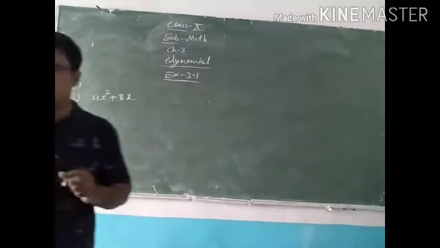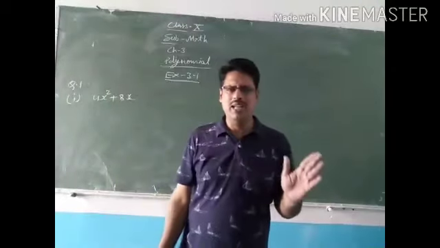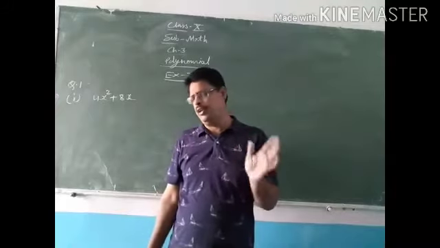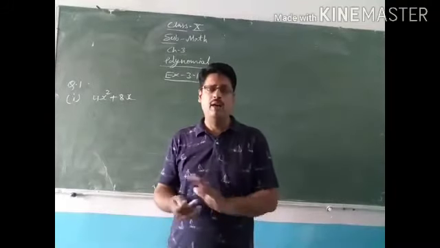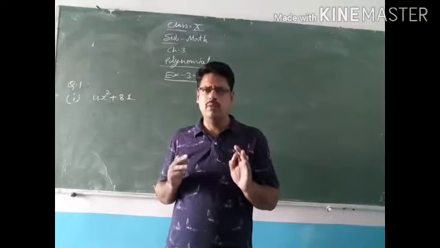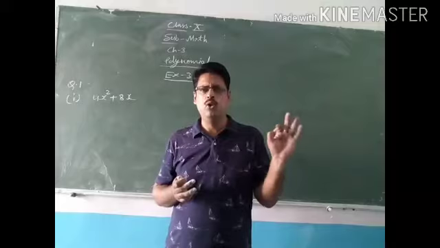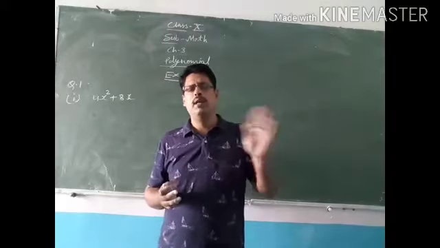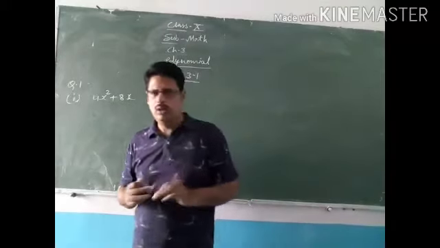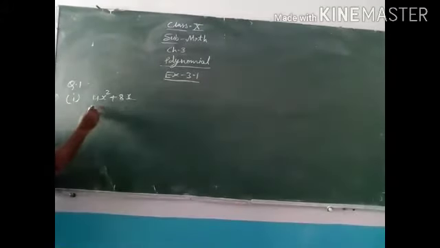Okay. So first thing we will have to try is that, if anything is coming common from all the terms, then first take it common. पहले हमें क्या try करना है, if any term is coming common, अगर किसी सारी टर्म में से कोई भी चीज कॉमन आ रही है तो पहले हमें कॉमन निकाल लेना. Okay, so from these both terms, anything is coming common.